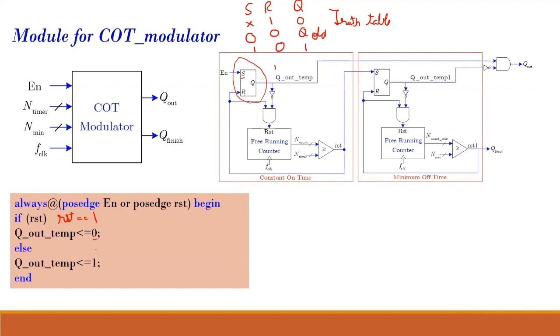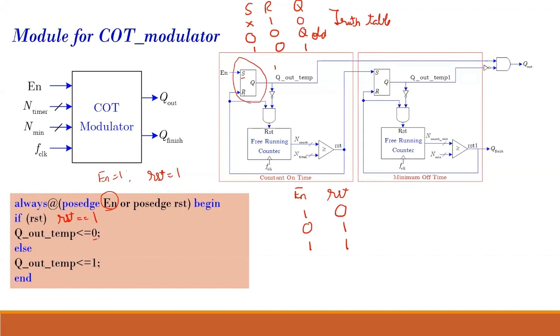Else, the next condition: why have we entered into this? It is because either my enable was 1, or my reset was 1, or both were 1. There are 3 conditions with enable and reset: one can be 1 and the other 0, or the reverse, or both 1. In these cases, I am going to enter into this block.